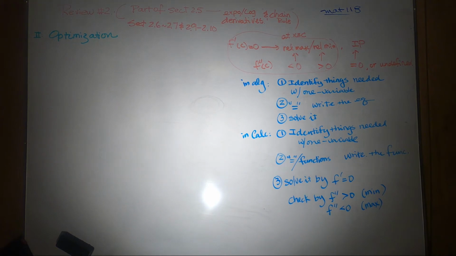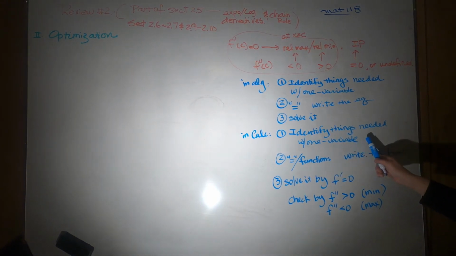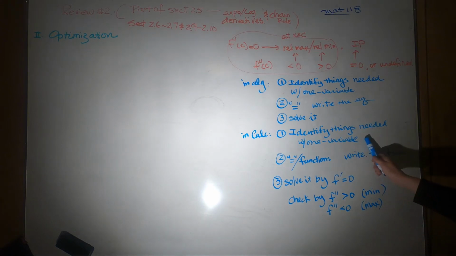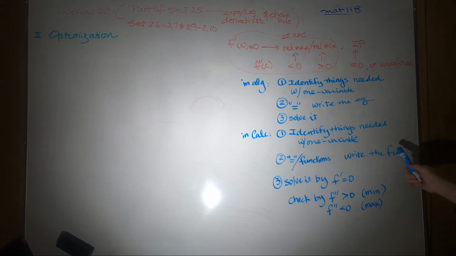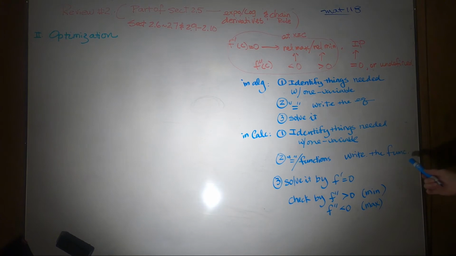So if you forget, all you have to do is figure out what the question was, what you need to find. Then you identify things needed with one variable, even if you need 2 things, because they depend on each other, like price and quantity. But you only use one variable to identify the 2 things you need. Then you write your function, your model.